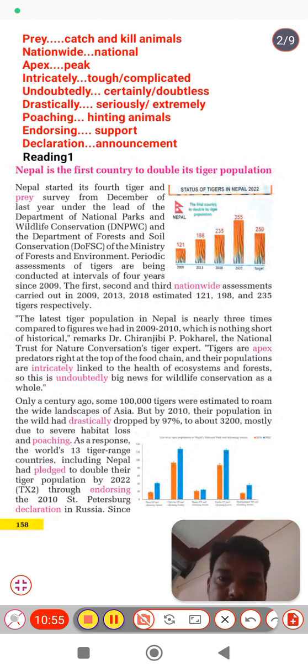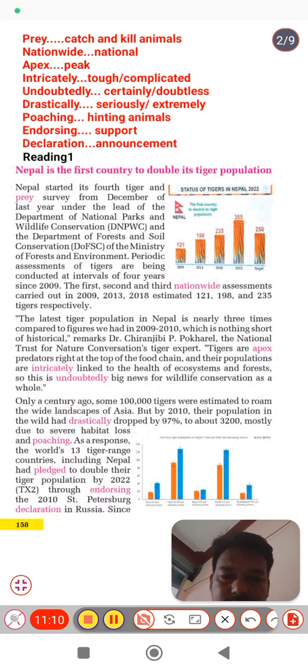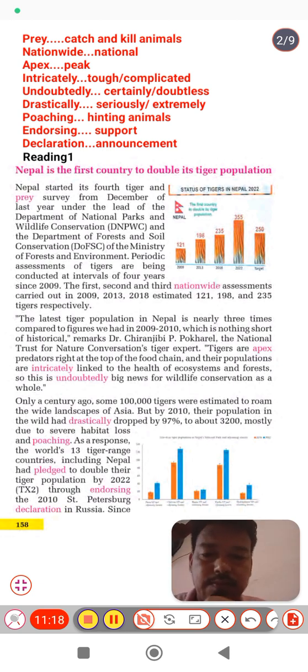Pledged, we can say guaranteed. Yes, the 13 range countries, including Nepal, have guaranteed to double the population by supporting the St. Petersburg Declaration, announcement, that is in Russia. Let's move to the next page.